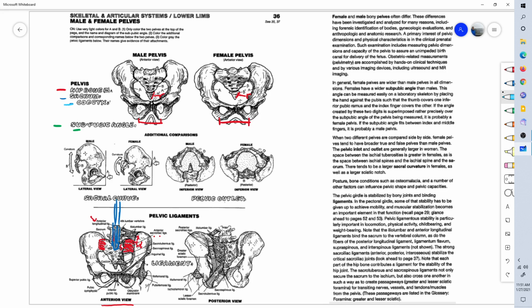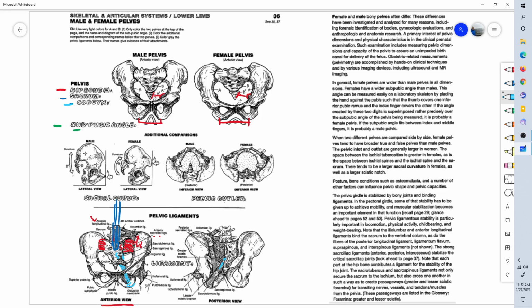Way behind the sacrum here is the sacrotuberous ligament. Why is it called the sacrotuberous ligament? Because it extends from the sacrum to the ischial tuberosity, and you can't see it because the obturator foramen is obscuring it here, but it runs, there you go, from the sacrum all the way down to the ischial tuberosity, and here it is from behind, right here.